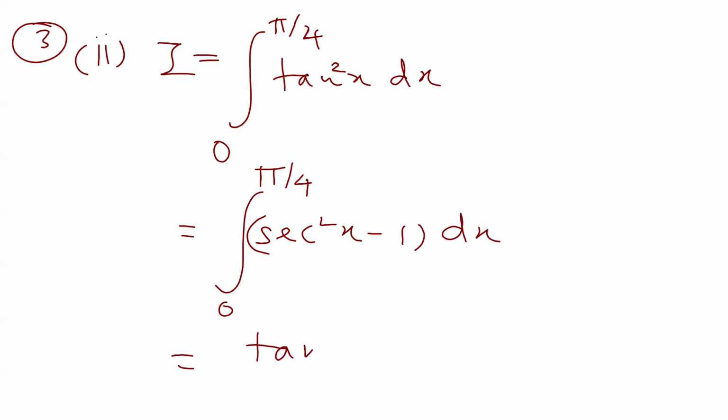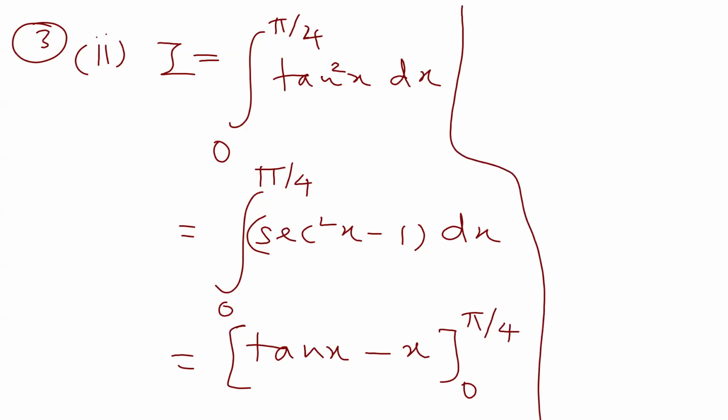Integration of sec square x is tan x and integration of 1 is x, from 0 to pi by 4. This is box minus box.